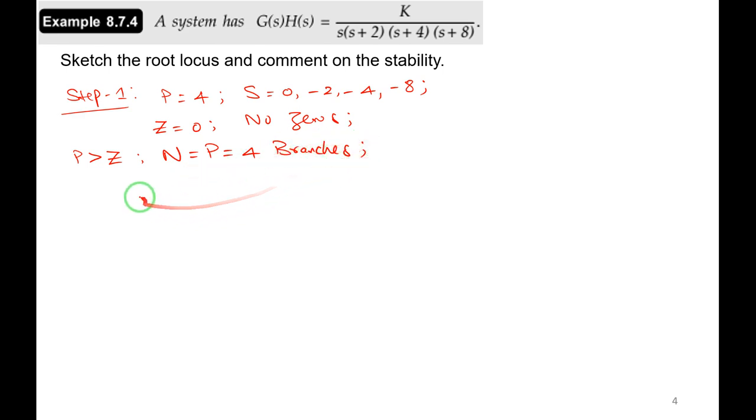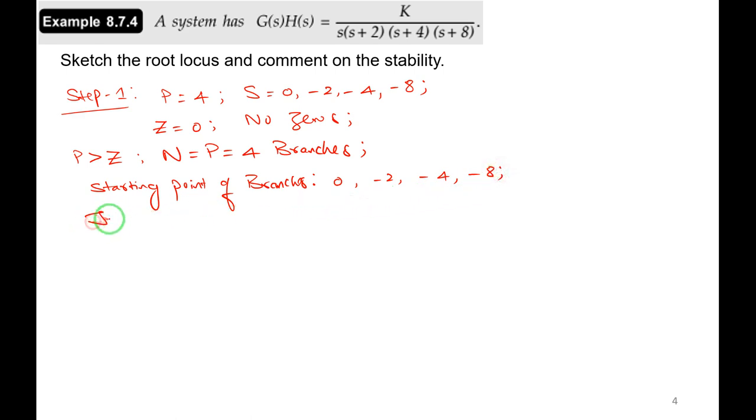Okay, then the starting points of branches are nothing but the poles here, right? 4 branches are there. All the 4 branches will start from these poles. One of the branches will start at 0, another branch at minus 2, another at minus 4, and another at minus 8. So these are the starting points: 0, minus 2, minus 4, minus 8.